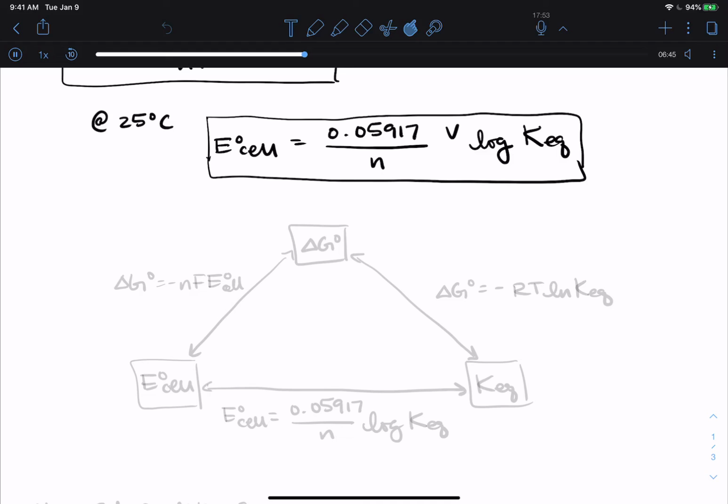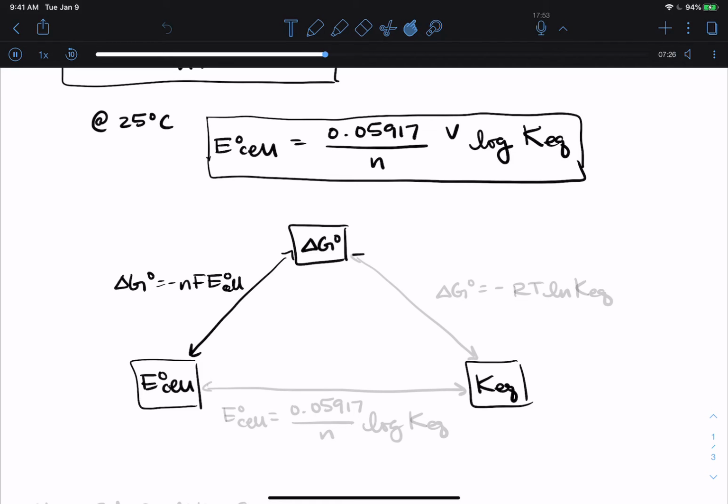Okay, so we've got cell potential with KEQ, cell potential with delta G, previously delta G with KEQ. So I don't know if this is helpful, but I've got just a little triangle of relationships here that we can set up. So if you have any one of these pieces of information, you can calculate the other two. So our E cell delta G relationship was the first one we did in here, which is the minus NF E cell.